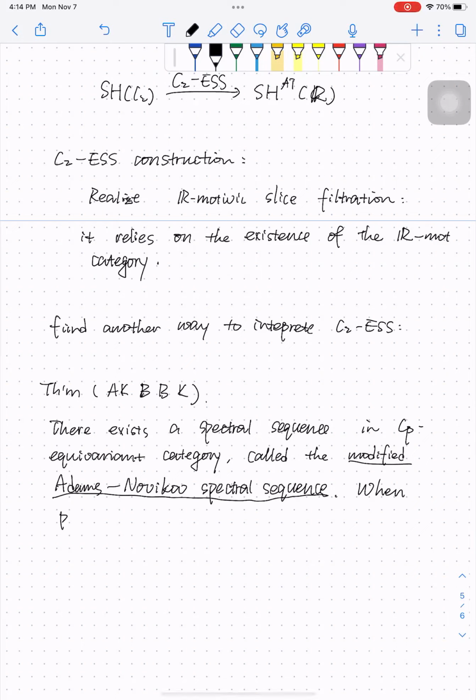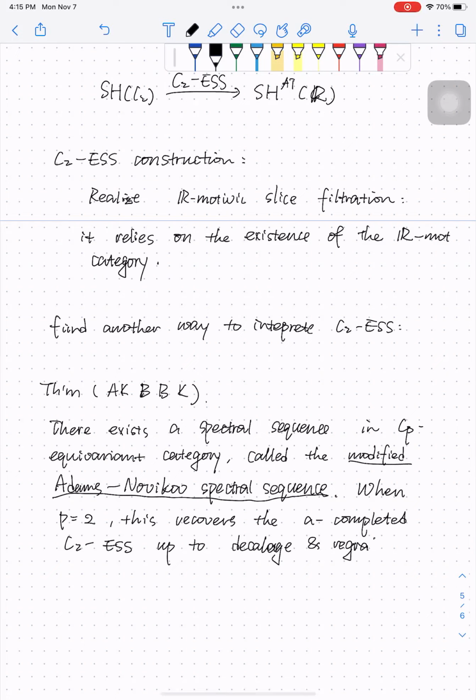So when p equals 2, this recovers the a-completed C2 effective slice spectral sequence, up to a décalage and regrading.